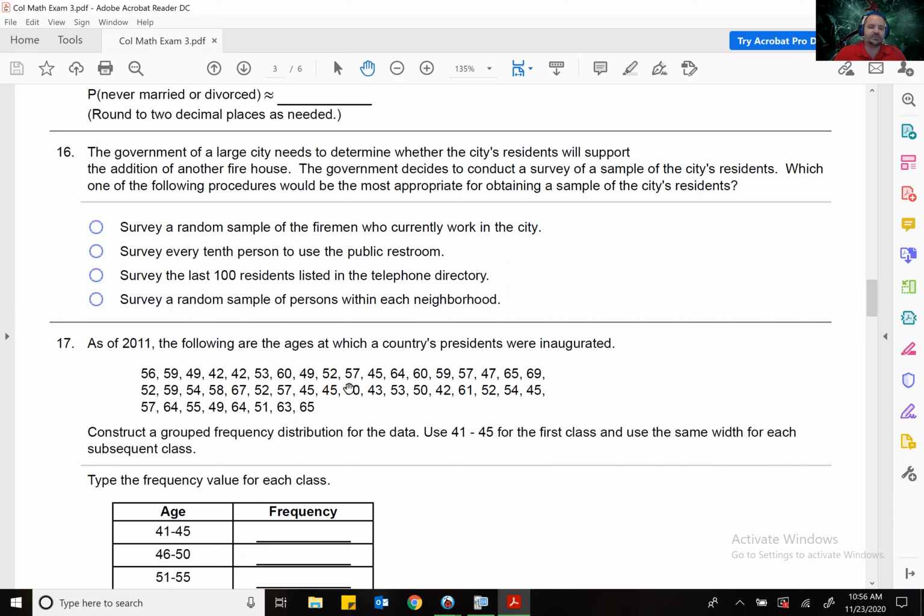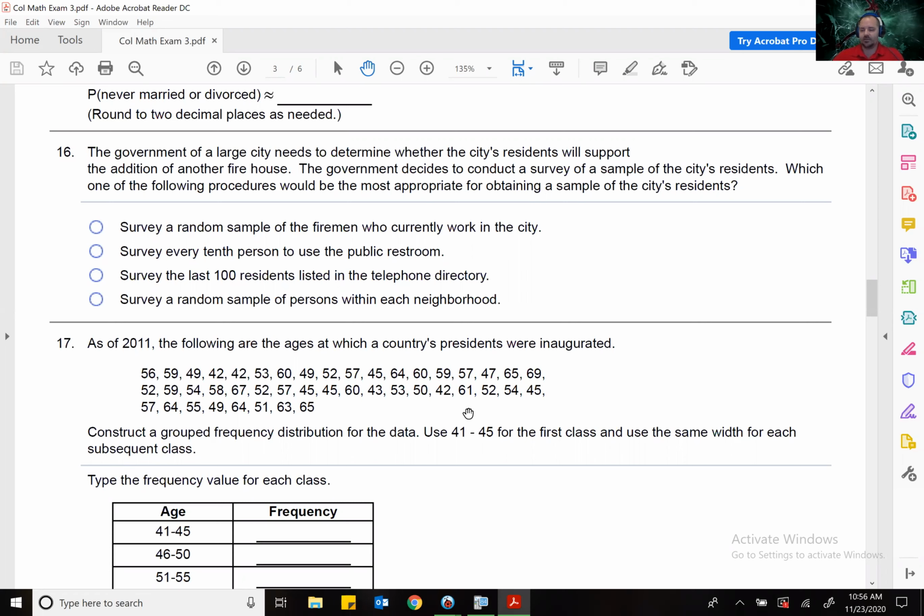So, should they survey a random sample of firemen who currently work in the city? Should they survey every 10th person who uses the public restroom? Should they survey the last 100 residents listed in a telephone directory? Or should they survey a random sample of persons within each neighborhood?